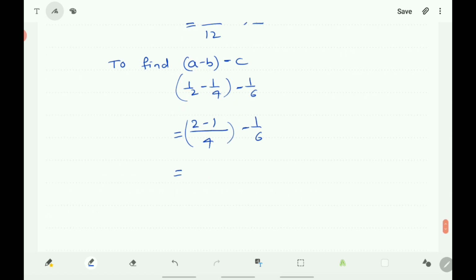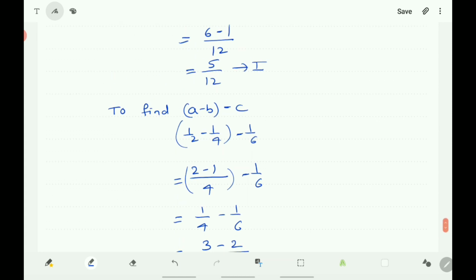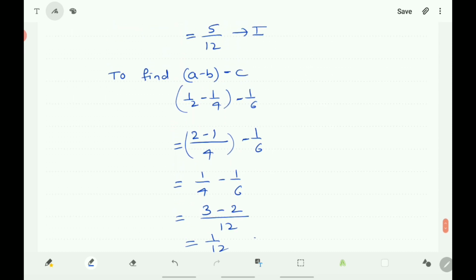So it is 2 minus 1 is 1 by 4 minus 1 by 6. Again the LCM of 4 and 6 is 12. 4 3s are 12, 1 3s are 3, minus 6 2s are 12, 1 2s are 2. So it is 1 by 12. And you know that this is second.